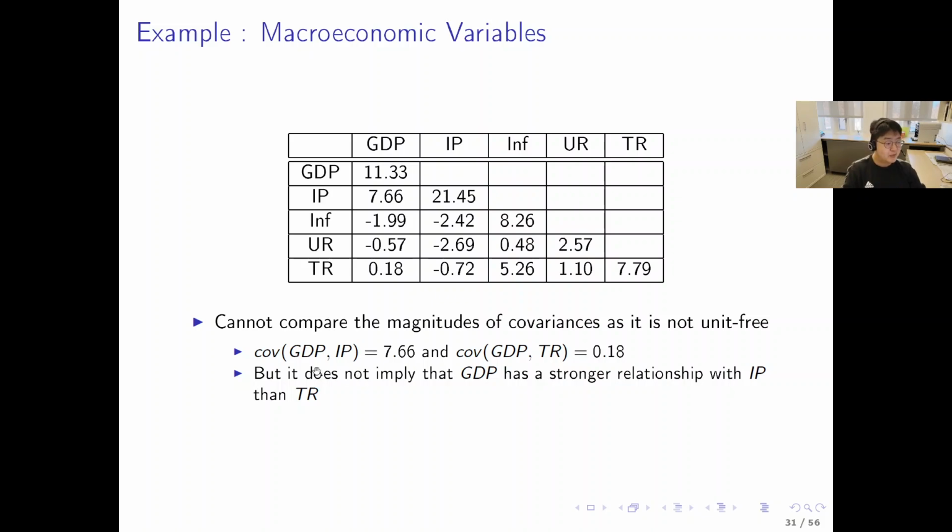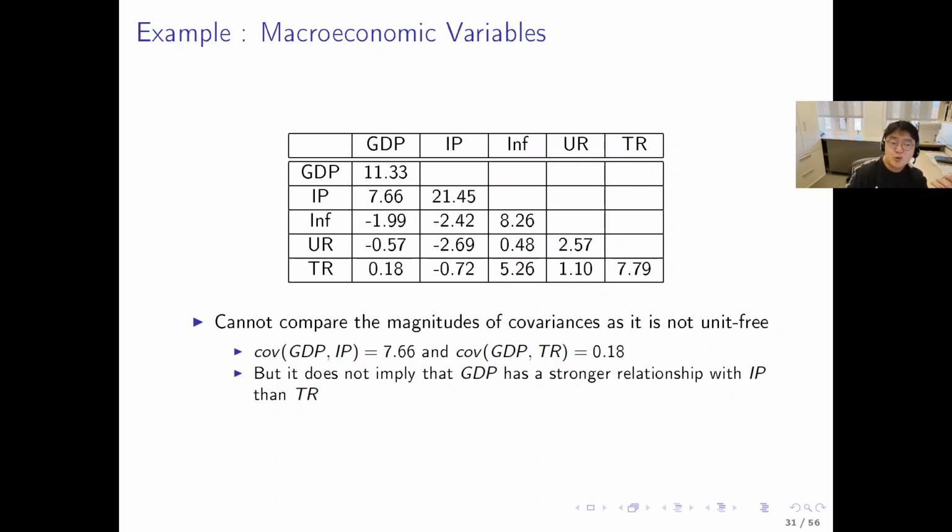For example, among those positively correlated variables with GDP, industrial production has a covariance of 7, and the treasury bill rate has a covariance of 0.1. But it does not imply IP has a stronger correlation with GDP than the treasury bill rate. You cannot compare the absolute values. That's a limitation of the covariance.